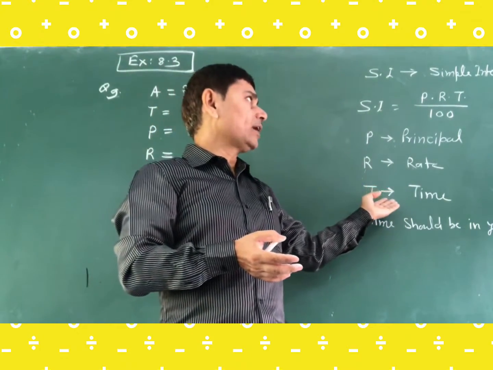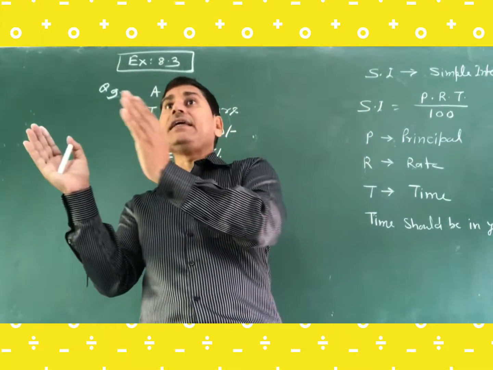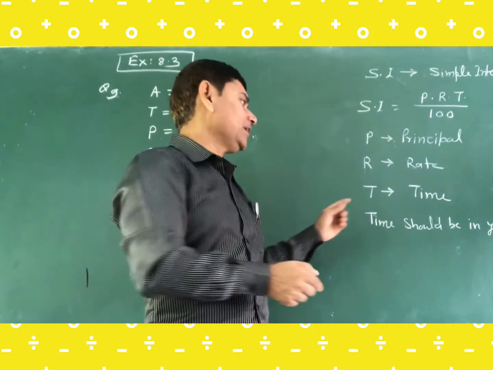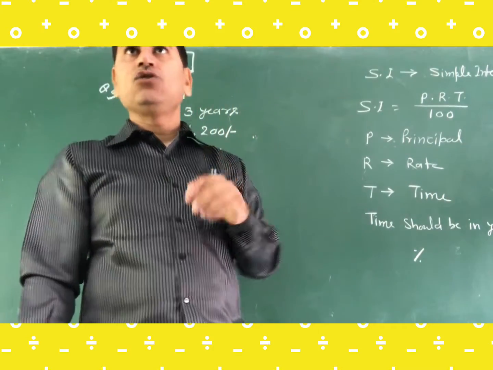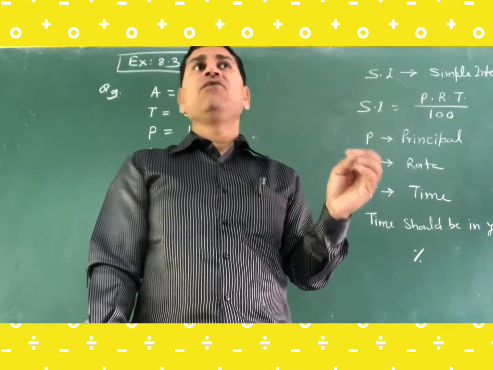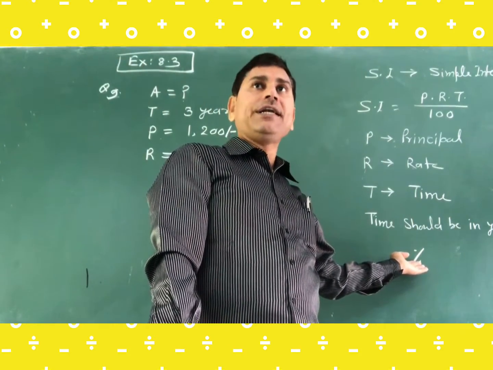For the time, you can observe in the question there are months or years indicated, and for the rate you will always get the symbol percent, like 2%, 5%, 8%, 10%, 15%. Then you can see that this is the rate R.